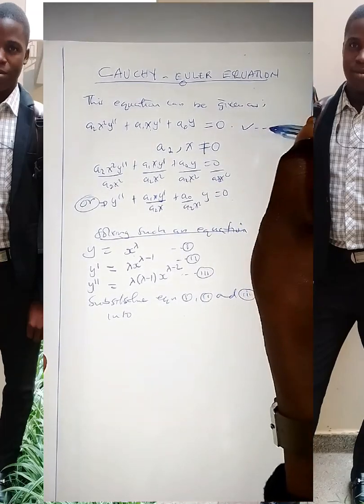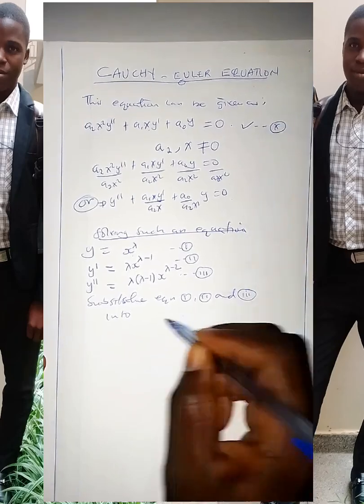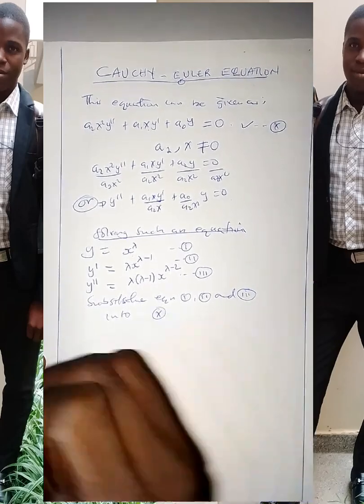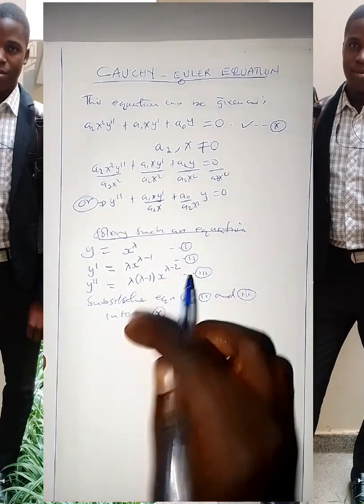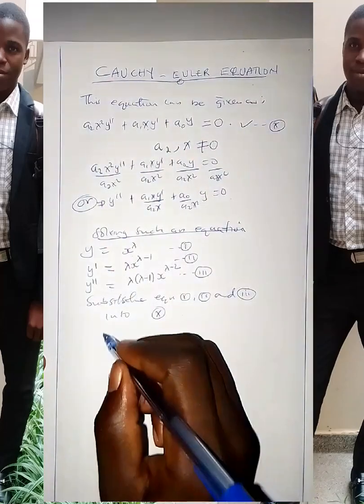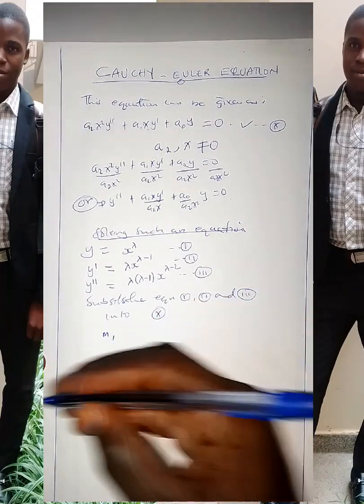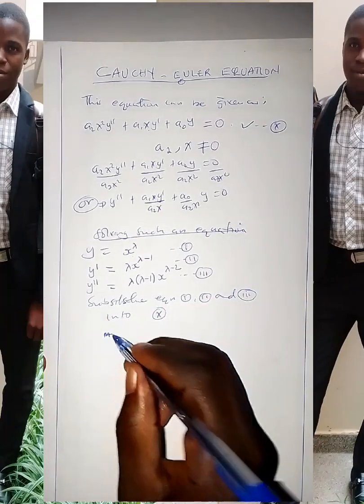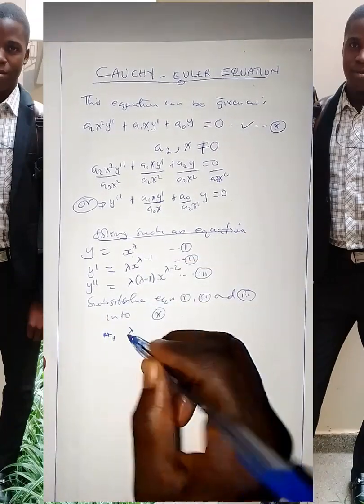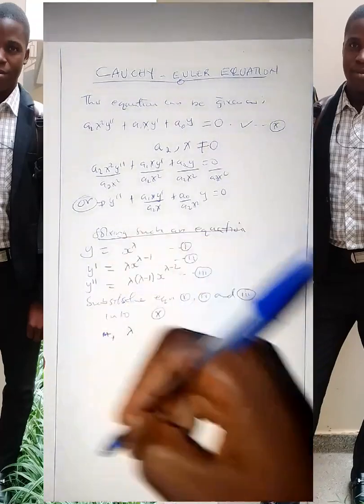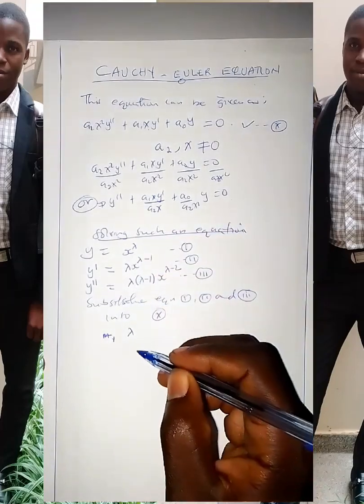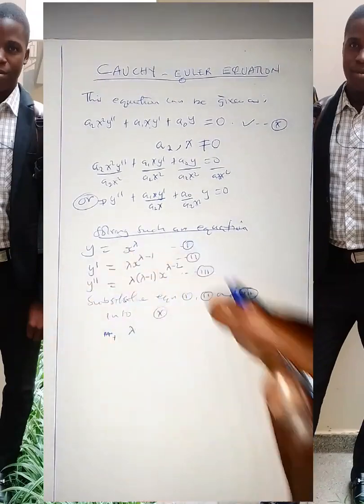I can call this one equation star, and I say that I'm substituting into equation star. That's when I will be able to get my value of lambda in that case.